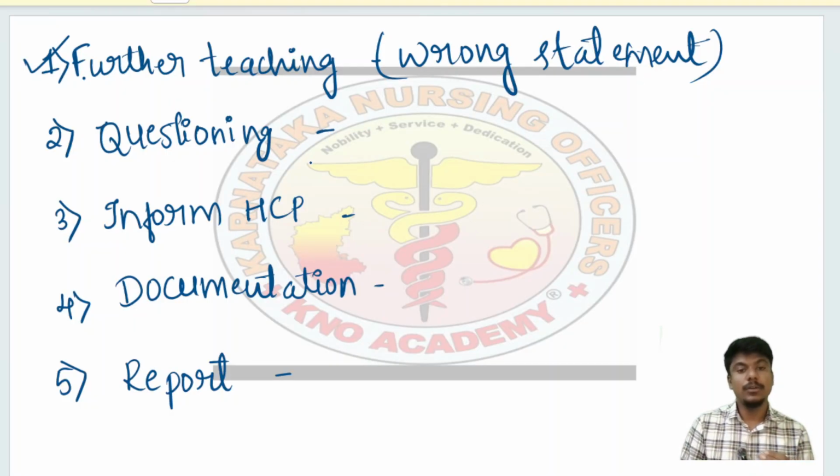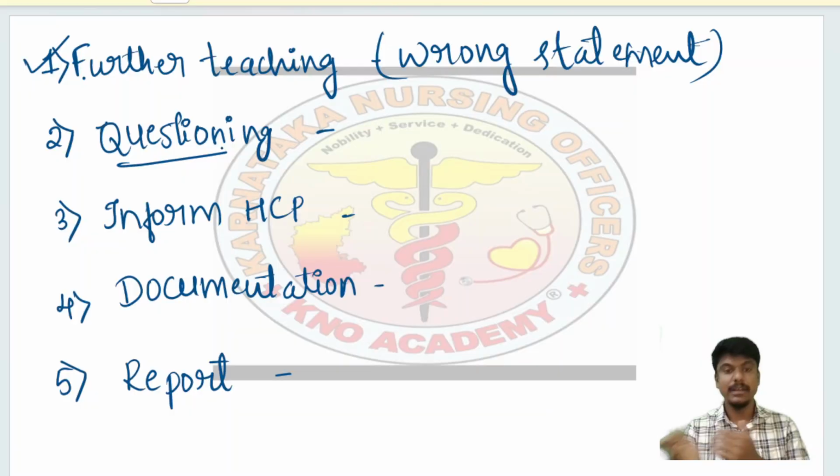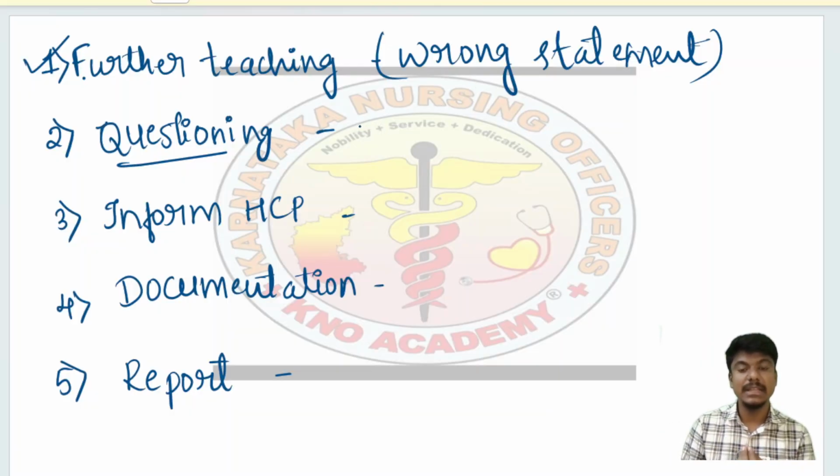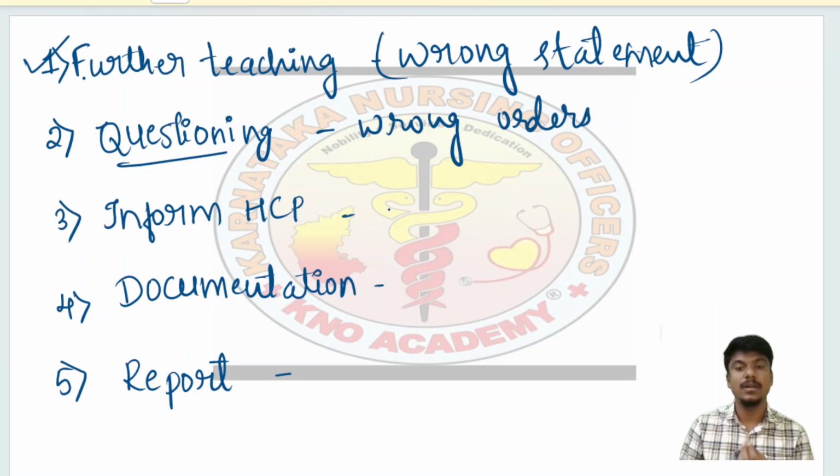The second term is questioning. In an examination, a question may come where the nursing officer is questioning the doctor when they write wrong orders. That time you should ask why it is written.